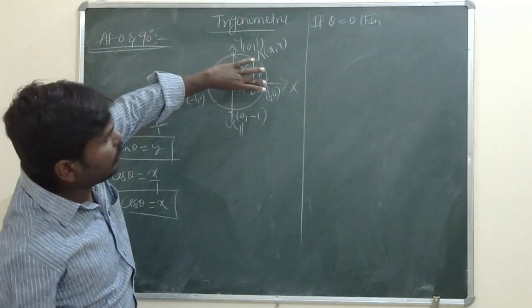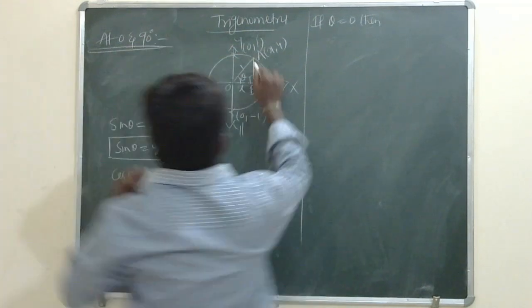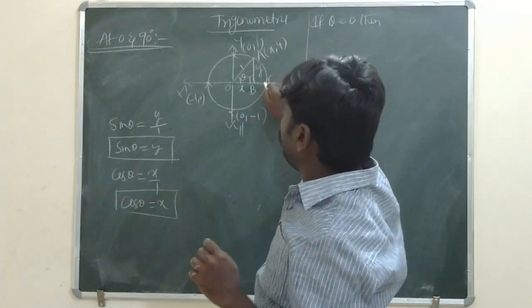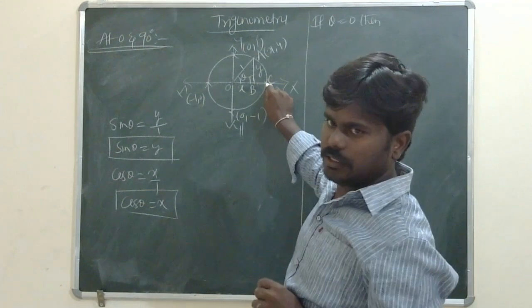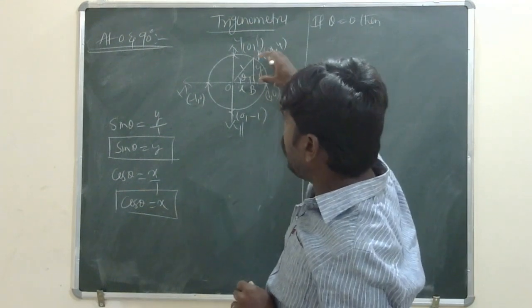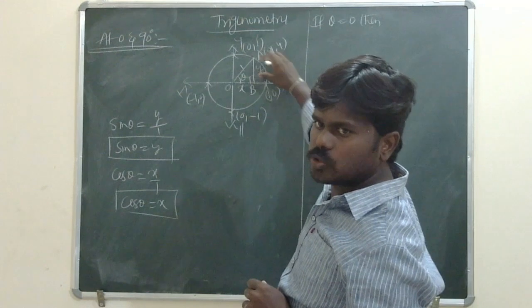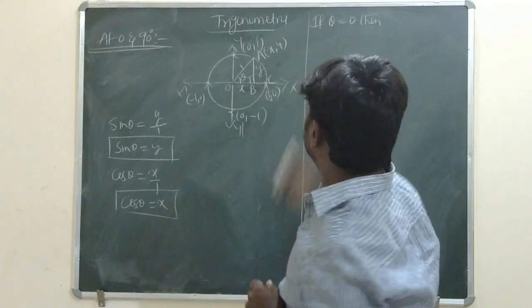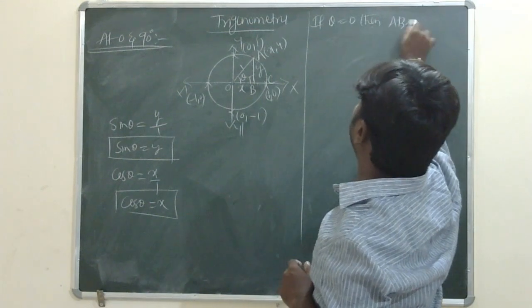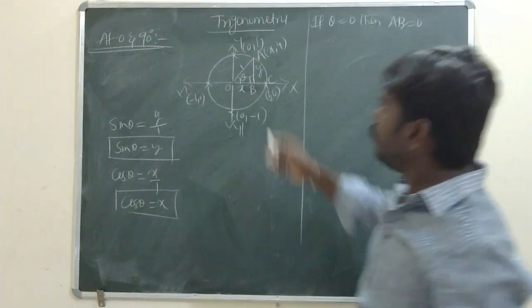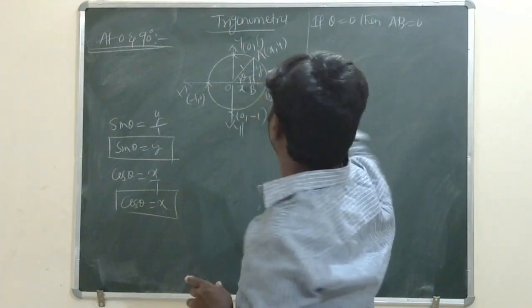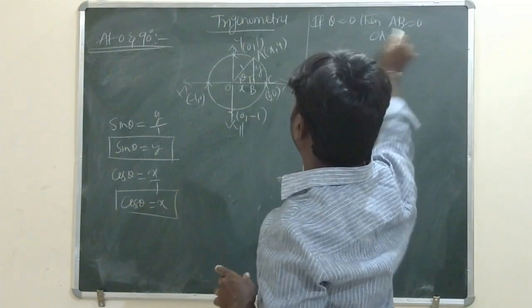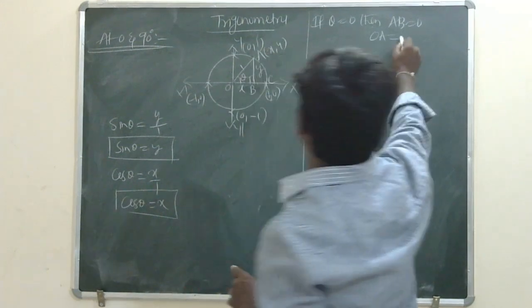Then this point A will coincide with C. That means the value of AB will reduce to 0. Okay, so here AB length becomes 0. Then what about the length of OA? So OA length becomes equal to OC.